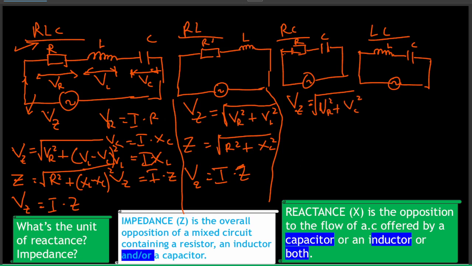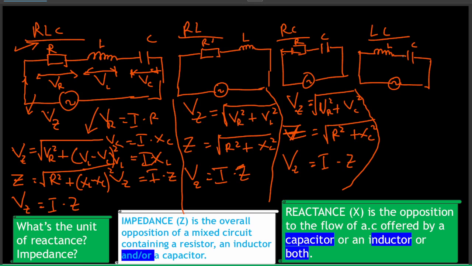So we've reduced this one to this. And then Z, the impedance, will be equal to the square root of R squared plus XC squared. Did you get that? And just like we have already seen, Ohm's law, VZ is also current times what? Impedance.